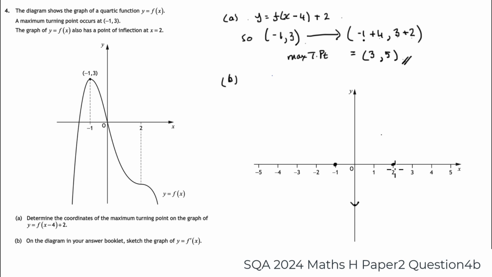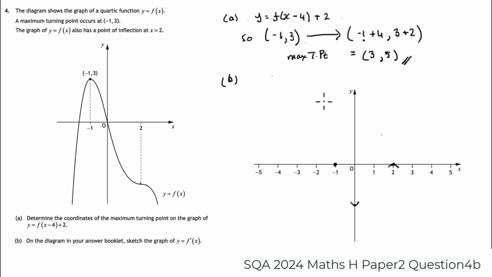So it's quite a large negative gradient, and it turns at that point. And on either side of this point of inflection, the gradients are negative. So it approaches that point, similar to that. And remember, we have to get a cubic, because we know when you differentiate the quartic, it gives you a cubic.